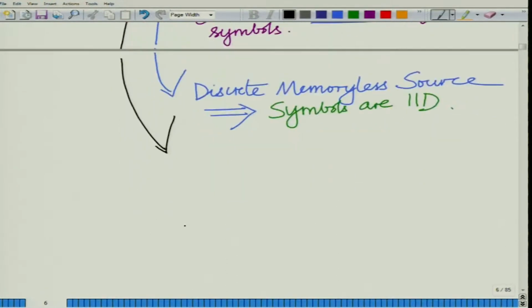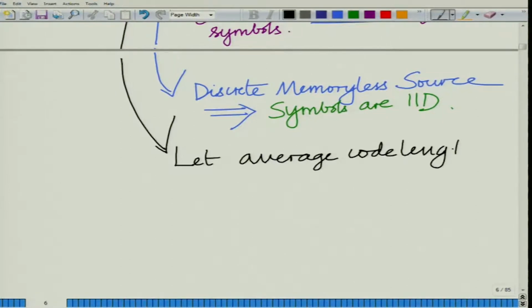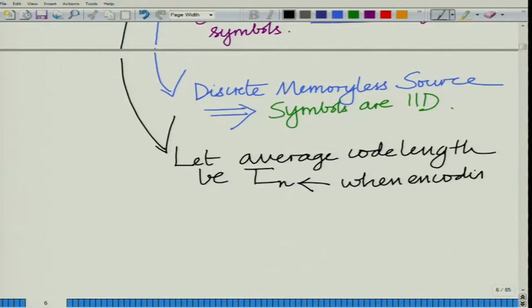So when encoding blocks of size n, the average code length is L bar of n.